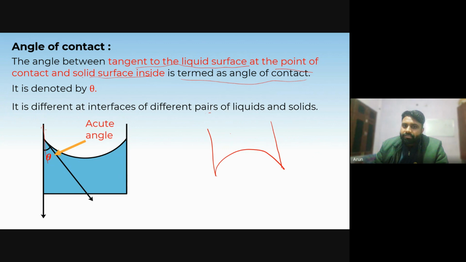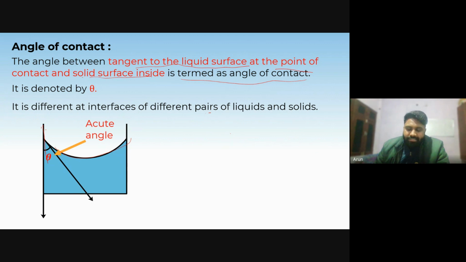It is the shape of A, which means adhesive forces are dominating. Got it? So this specific curve is called a concave meniscus.